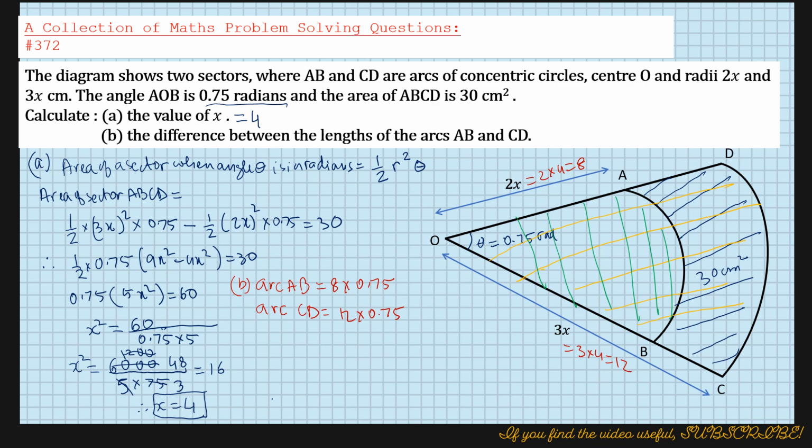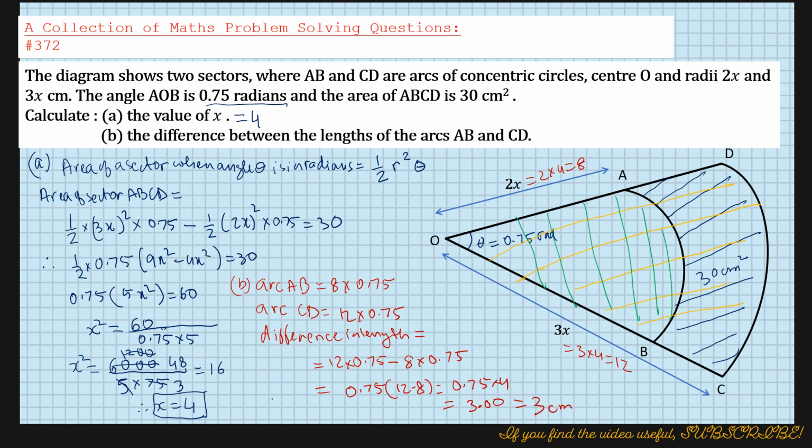So the difference in length would be 12 multiplied by 0.75 minus 8 multiplied by 0.75, and that equals 0.75 multiplied by 12 minus 8, which is 0.75 times 4, and that is 3. So that is 3 centimeters.